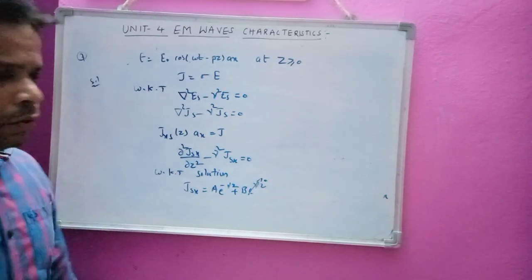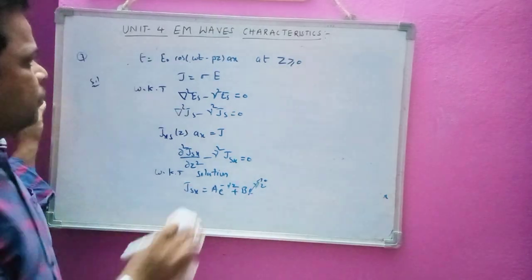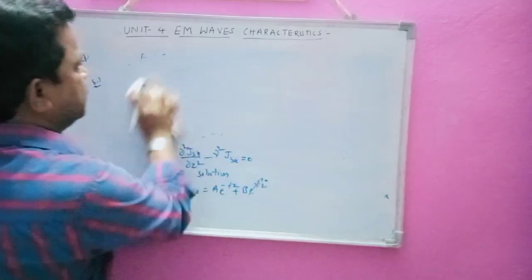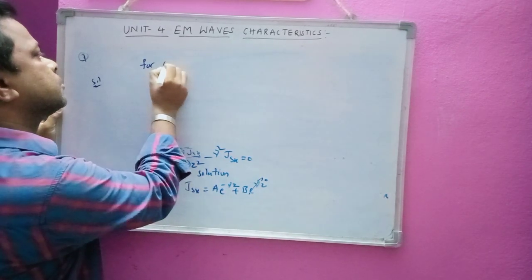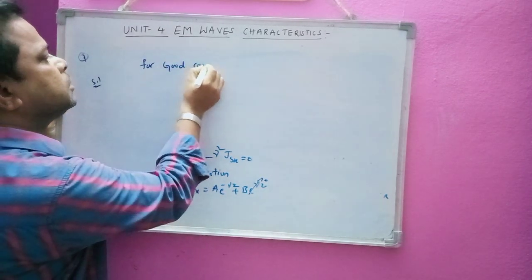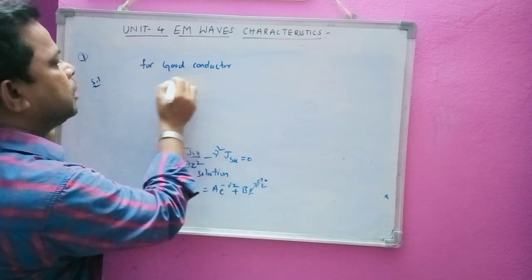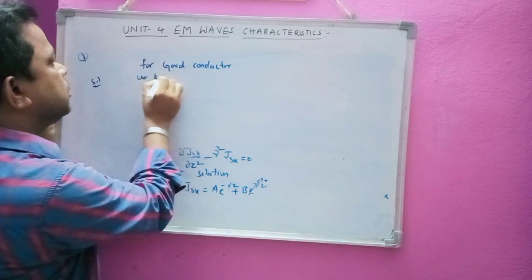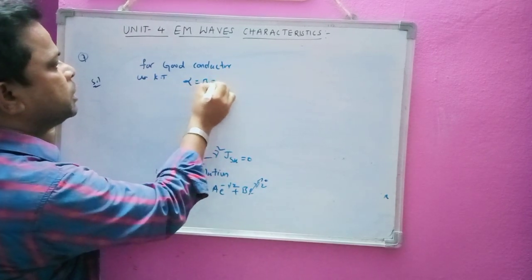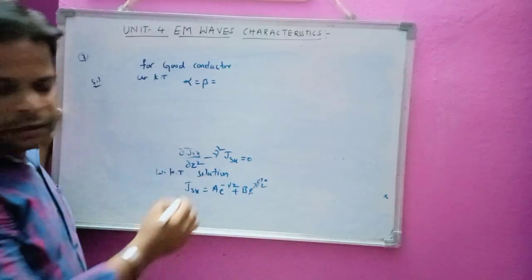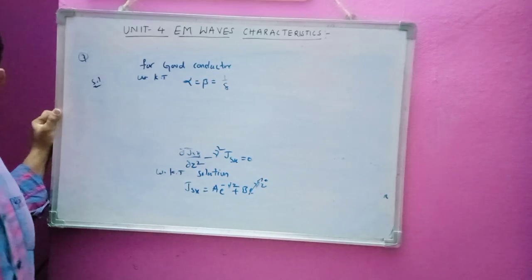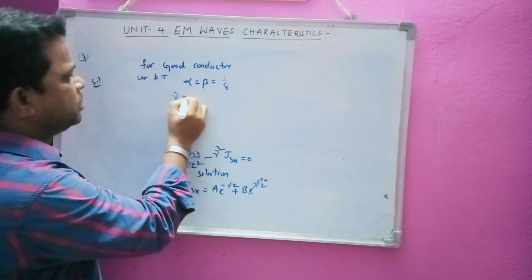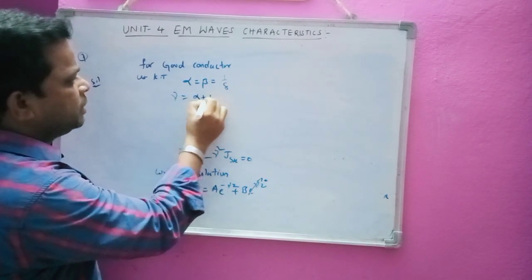Okay, so now for good conductors we know that alpha is equal to beta, which is 1 by delta, where delta is the skin depth. Gamma is equal to alpha plus j beta.